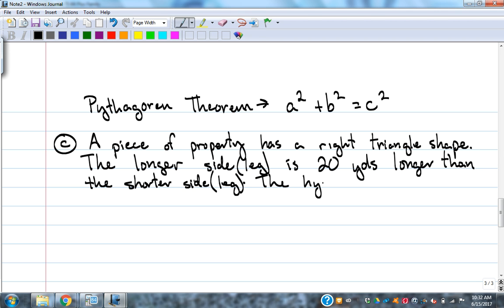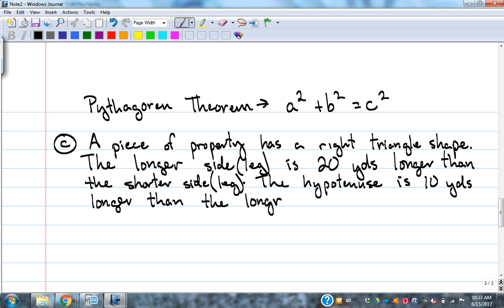The hypotenuse is 10 yards longer than the longer leg.